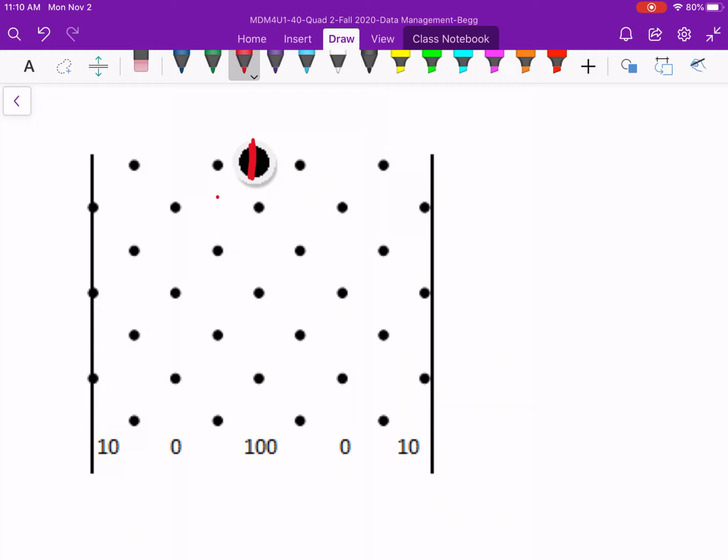So it could go to this side of the dot below where it starts, or this side. And then from there it could go this way. It has one way to get to this space, two ways to get to this space, one way to get to this space, and so on. So it's very Pascal triangle.